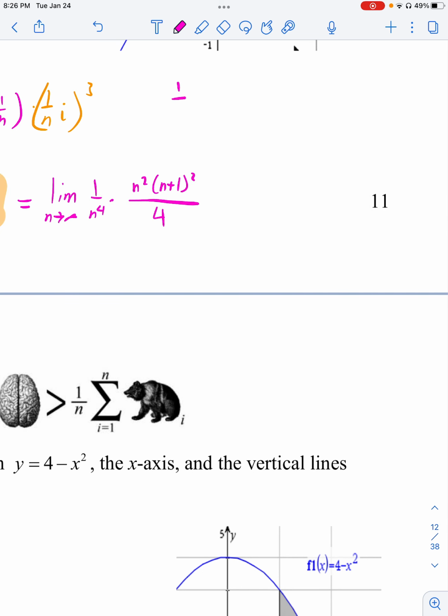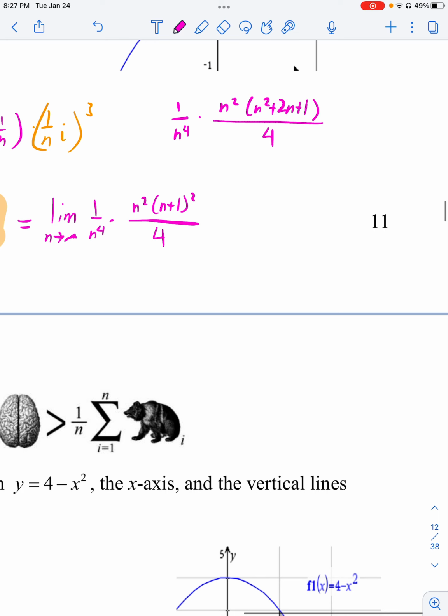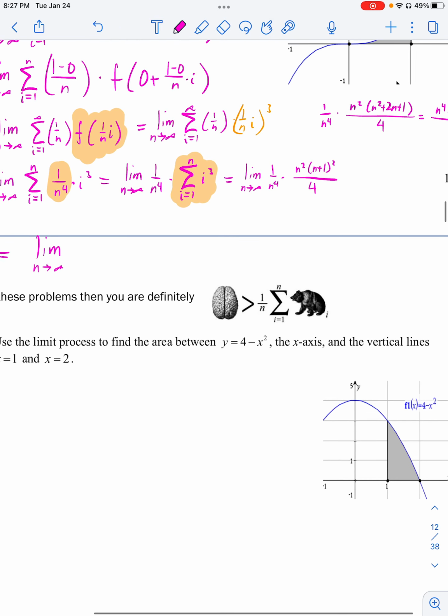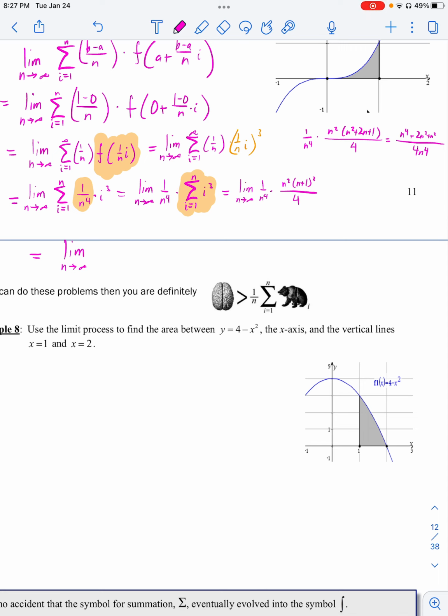This becomes 1 over n to the 4th times n squared plus 2n plus 1, all over 4, which is n to the 4th plus 2n cubed plus n squared, all over 4n to the 4th.